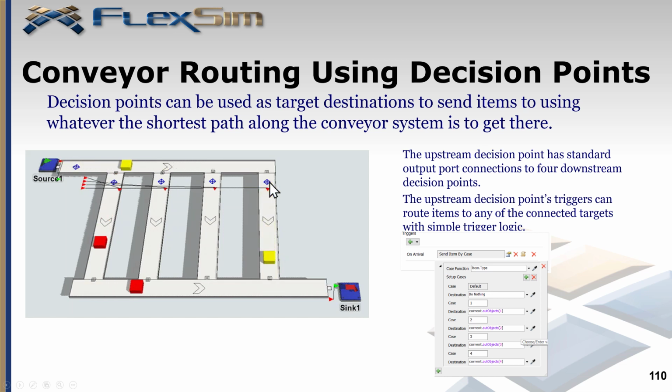So long as that decision point is on this downstream side of the connection point to this top conveyor, the flow item is sent from this decision point to one of these decision points down here. The software will figure out the shortest distance to get there, which is a straight shot over and down.